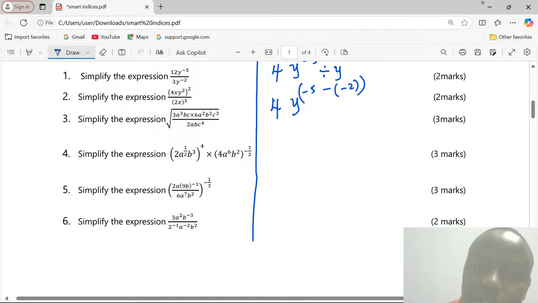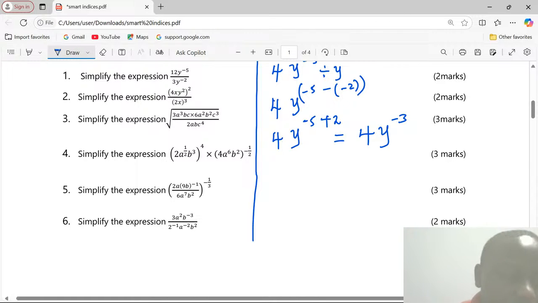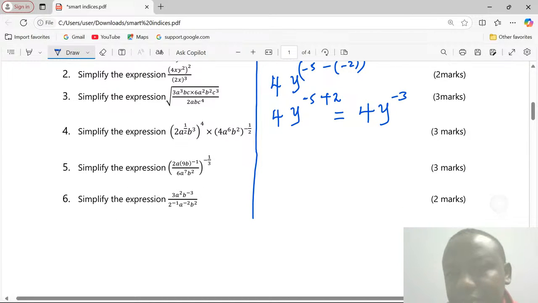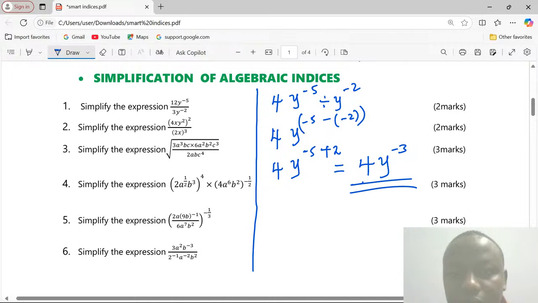So this is going to be 4y power, negative 5 but now it becomes a plus 2. So the answer is going to be 4y power negative 3. This is the simplest form of such a question.